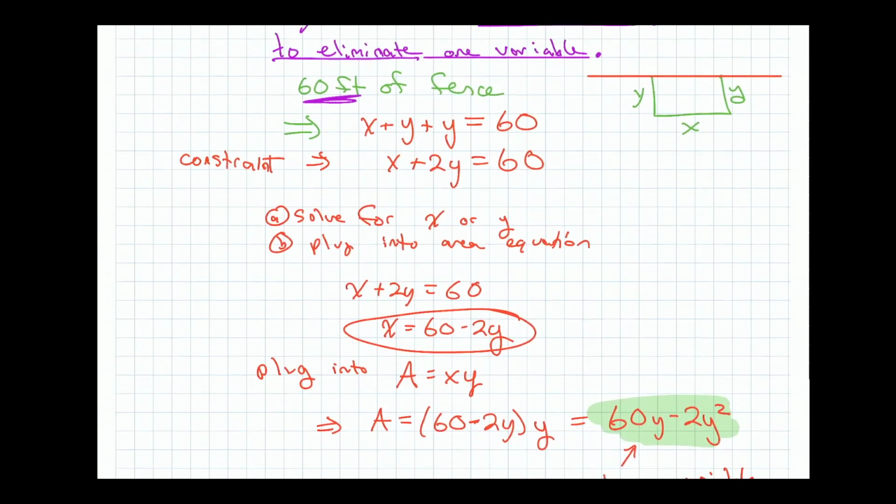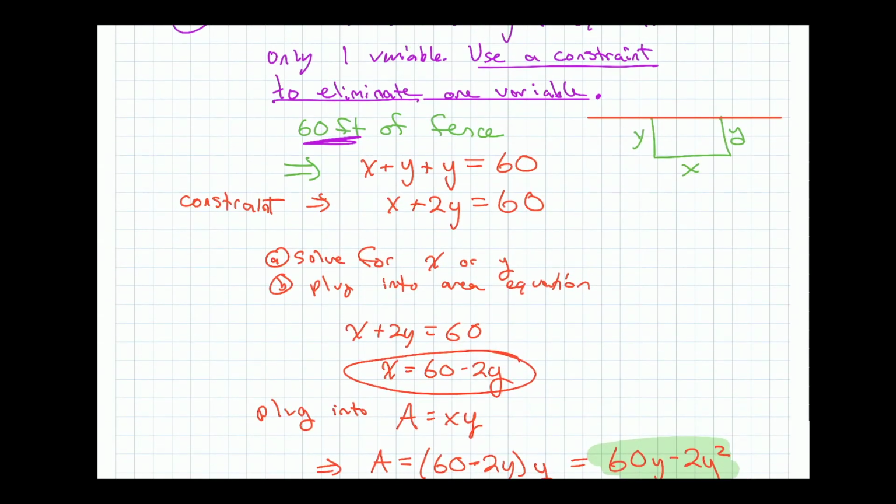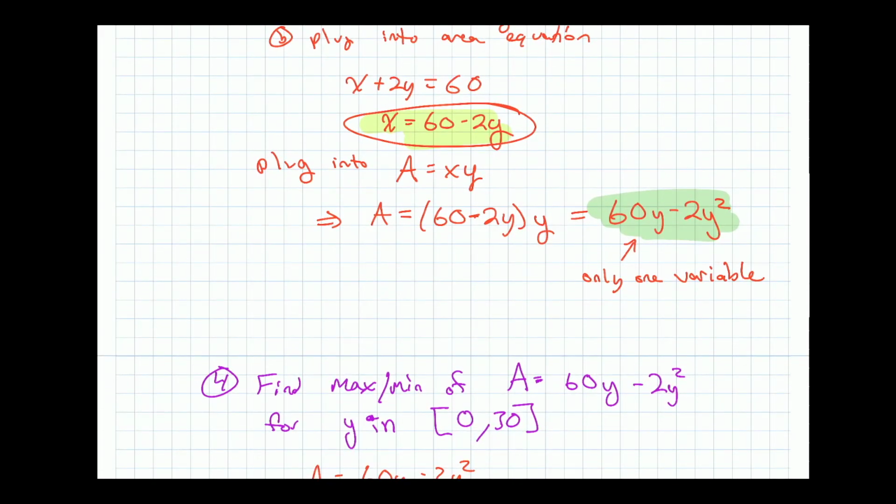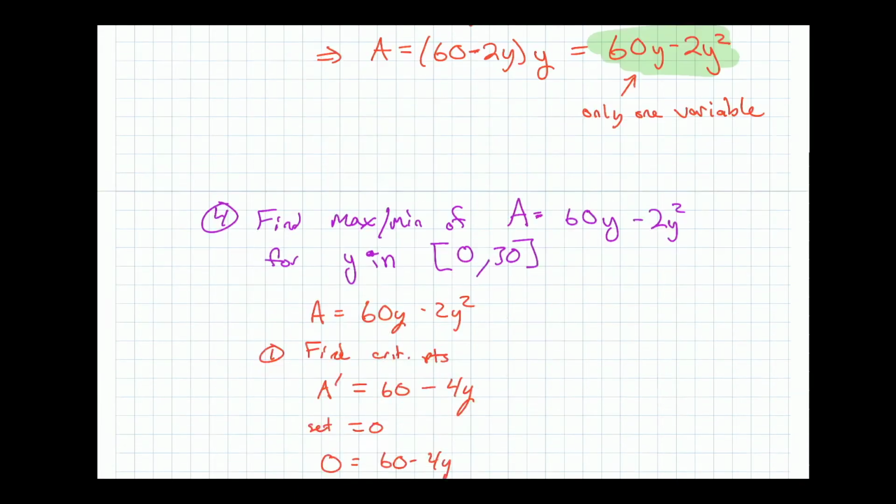Where's the constraint? Here it is. Your constraint is right here, but also right here. X is 60 minus 2y. You just look back into your problem and you'll see that you have an equation that will tell you how to calculate the x from the y. X is 60 minus 2y.